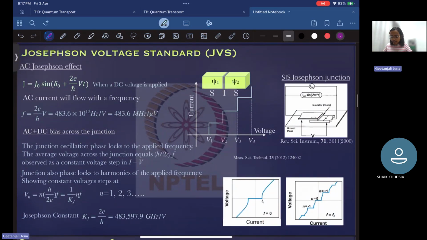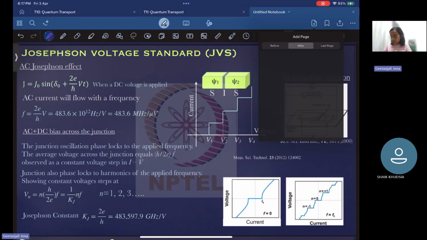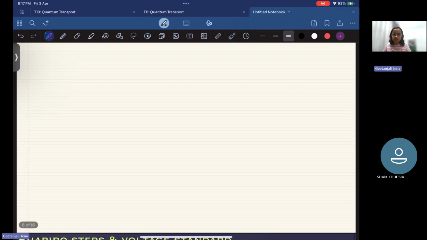Okay. So the earlier one was for the resistance standard measurement. Next, let us see the measurement standard for the voltage.